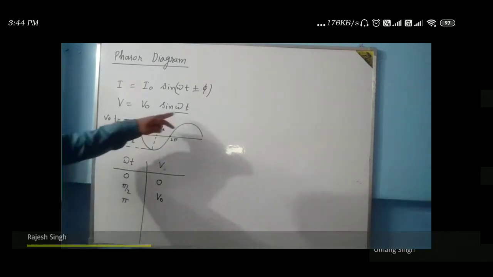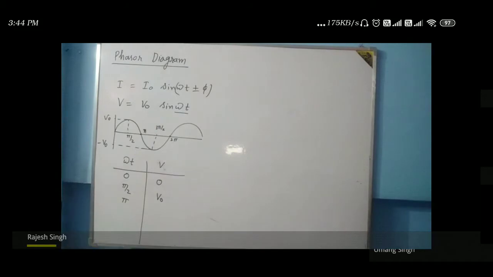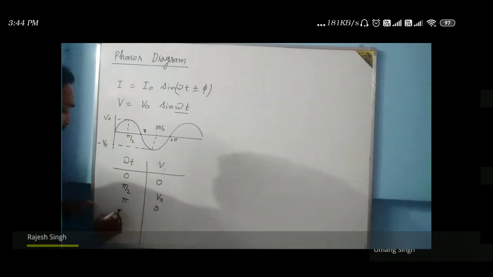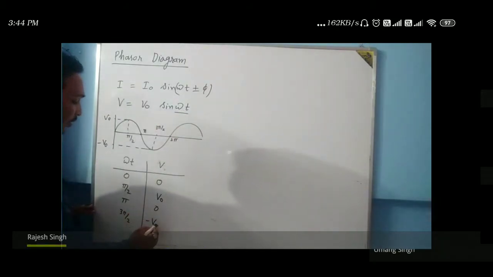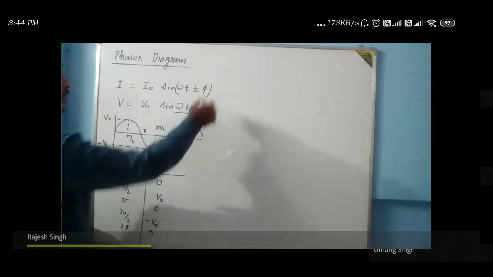When omega t is pi, the value of sine pi is 0, so again we have 0. At 3 pi by 2, sine 3 pi by 2 is minus 1, so we have minus V naught. Again at 2 pi, V is 0.